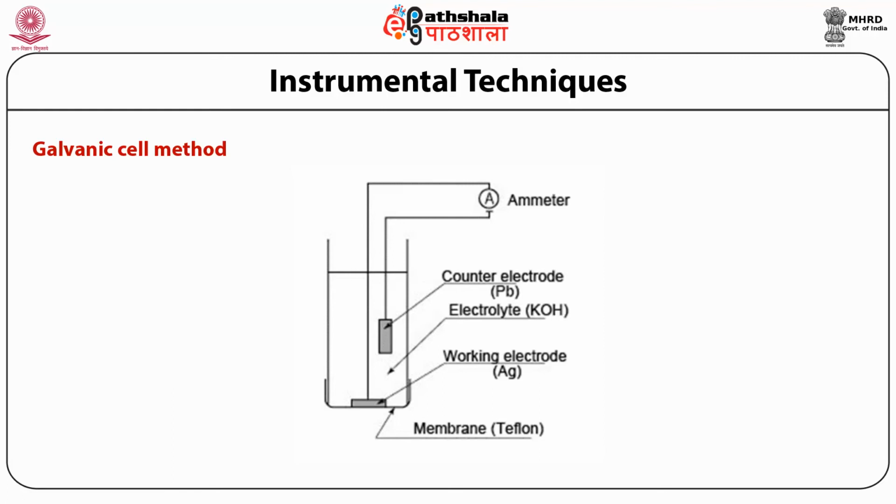The counter electrode is a base metal and the working electrode is a noble metal, and potassium hydroxide is used as the electrolyte. The oxygen passes through the membrane and is reduced on the working electrode, and so the method measures the reduction current flowing between both electrodes, which is proportional to the concentration of dissolved oxygen.